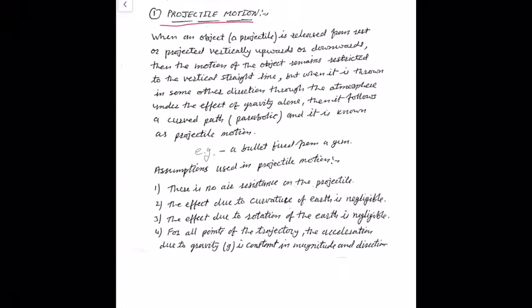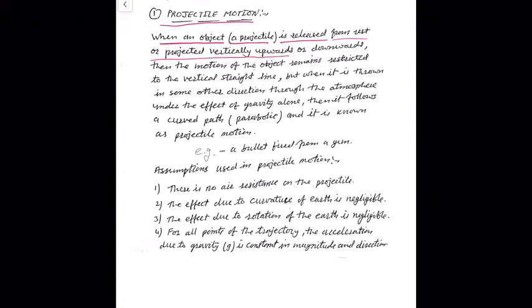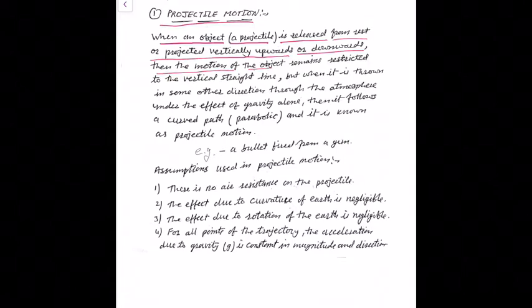So first, projectile motion. When an object or a projectile is released from rest or projected vertically upwards or downwards, then the motion of the object remains restricted to the vertical straight line.